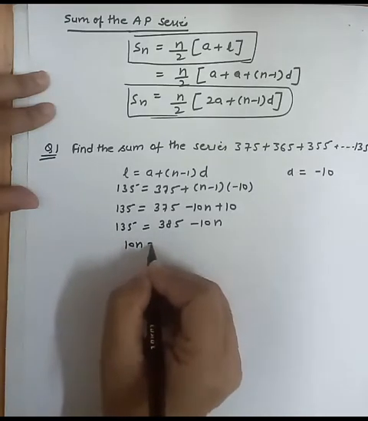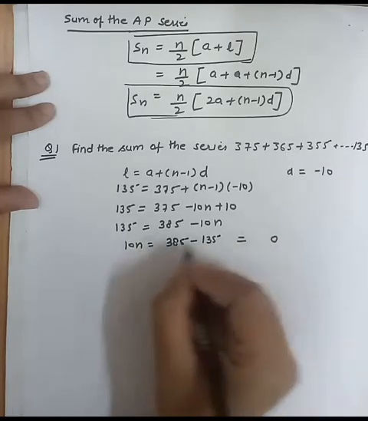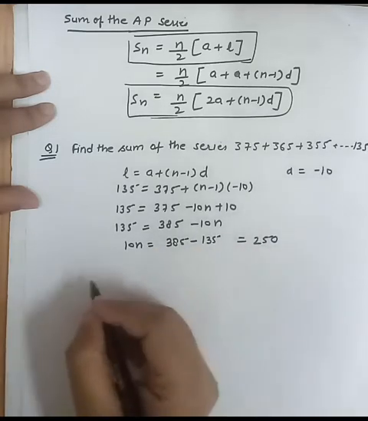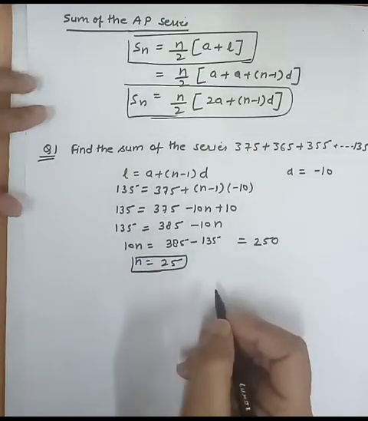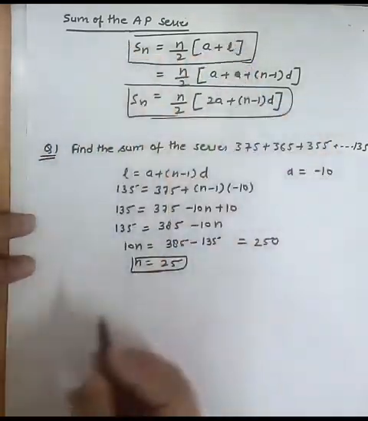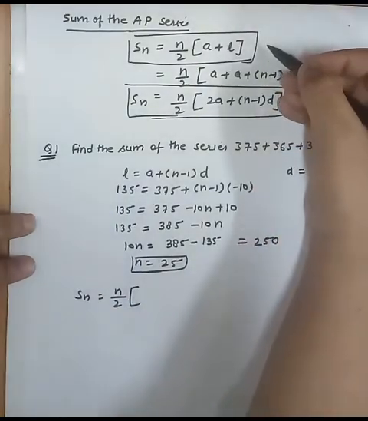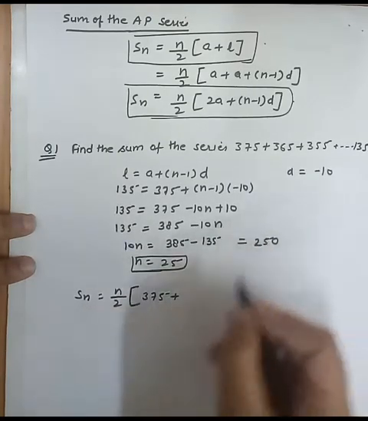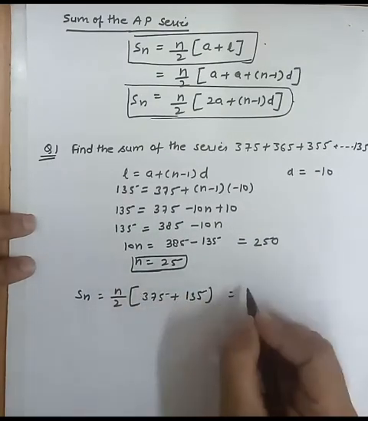Now taking this one, n equal to 25. Now apply the sum formula, Sn equal to n by 2. You can apply any one of the formulas. So n by 2, a is 375 and L is 135, and n we found is 25.